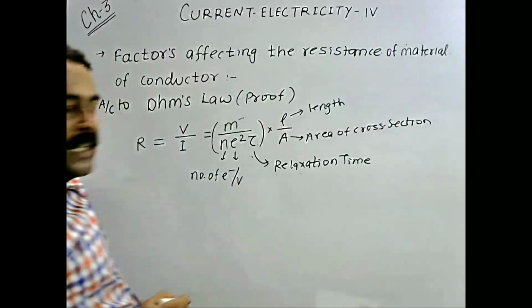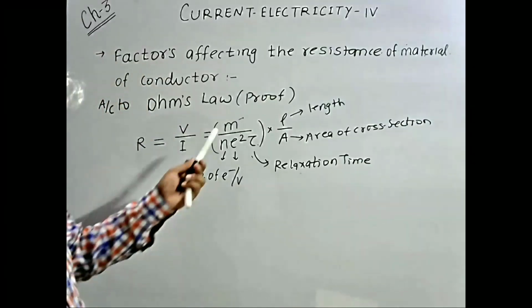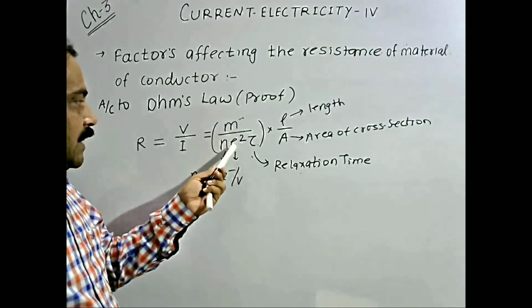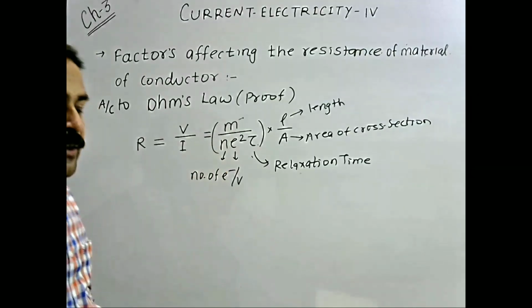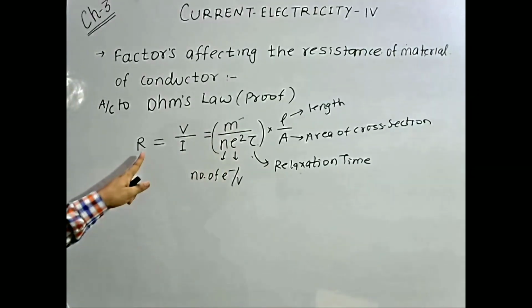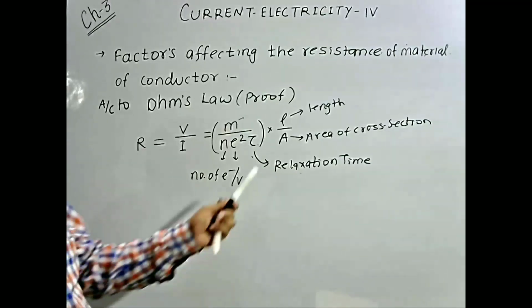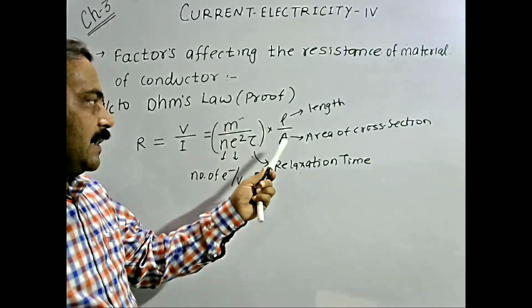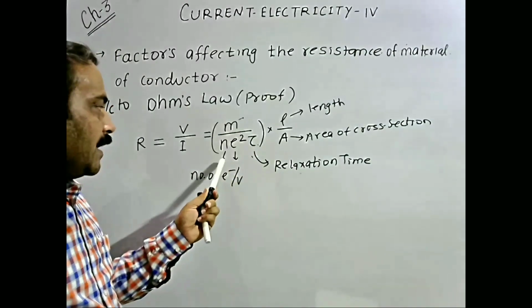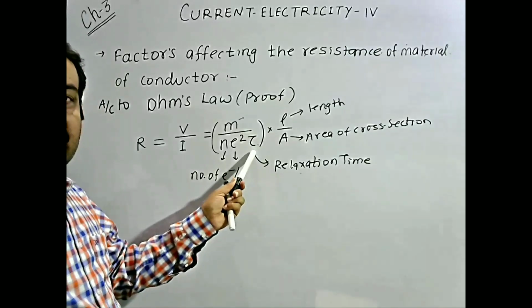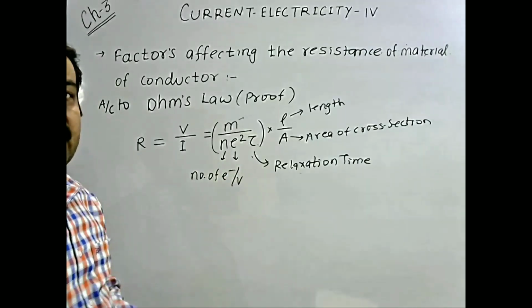Understand? m and e, we are familiar with this. m is the mass of electron, e is the charge on electron. So it is clear that resistance of material of conductor depends on these factors. Here length, area of cross section, number of free electrons present per unit volume, and tau. Tau means here relaxation time.